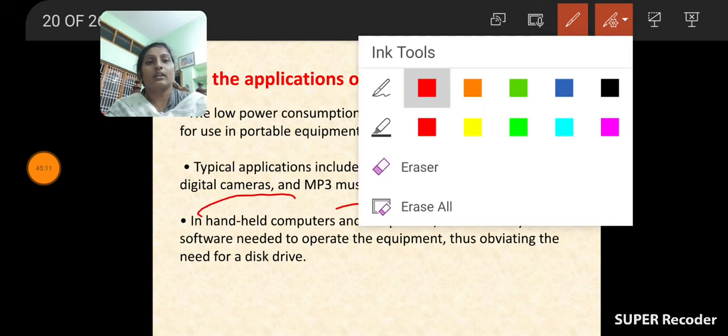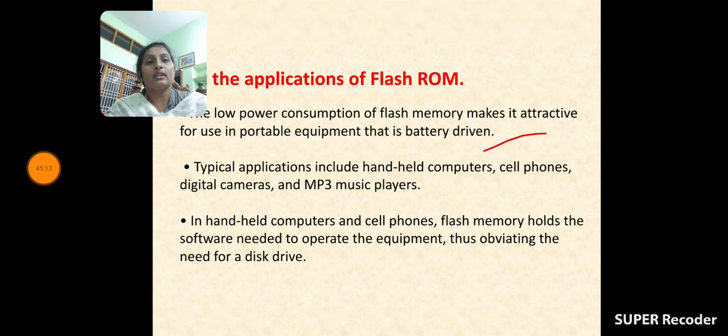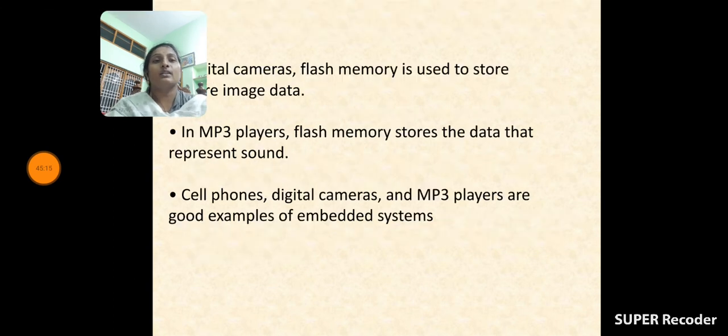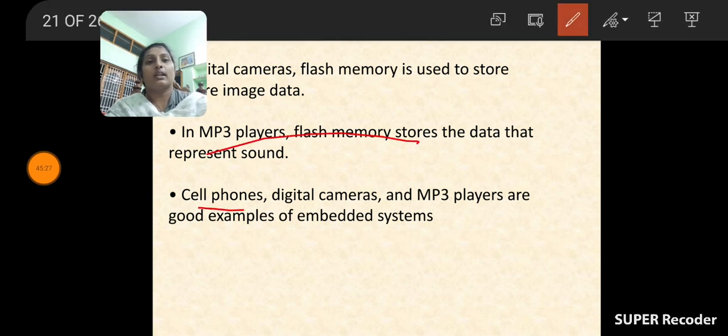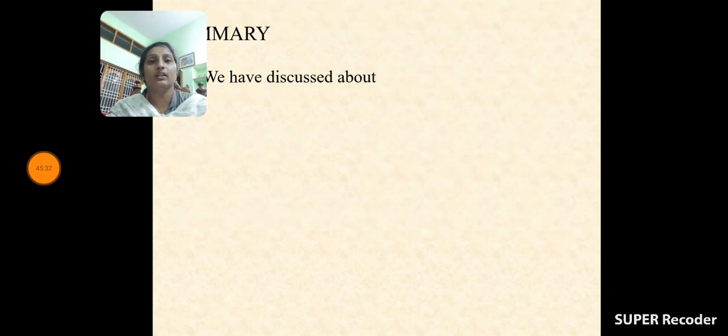We are working with flash memory. Is it clear? Carryable devices we are using, and flash memories are used to store the data, and also used in MP3 players, cell phones, digital cams, handycams, everything works with this flash memory.